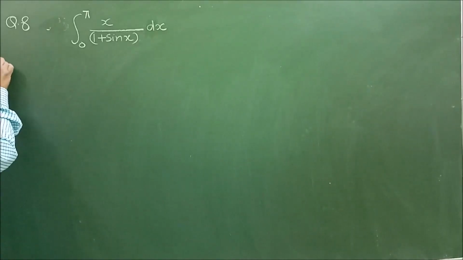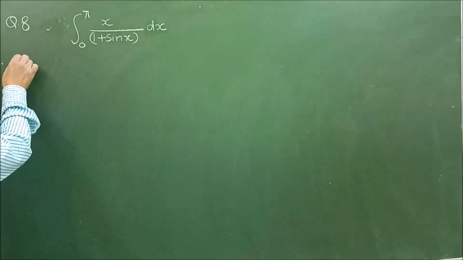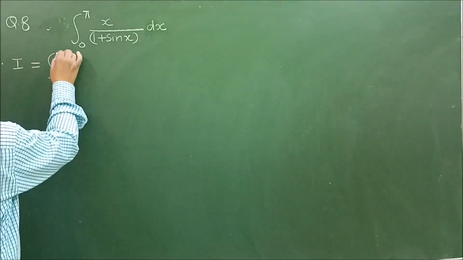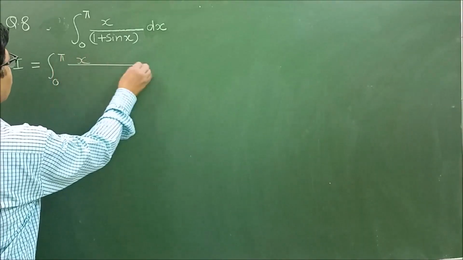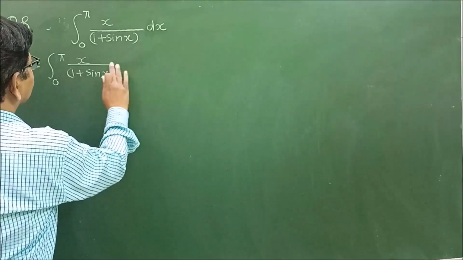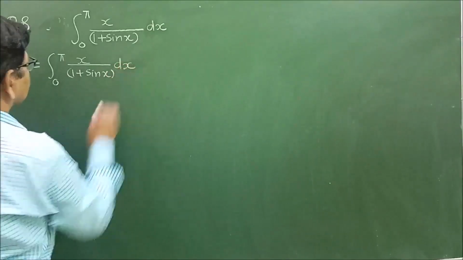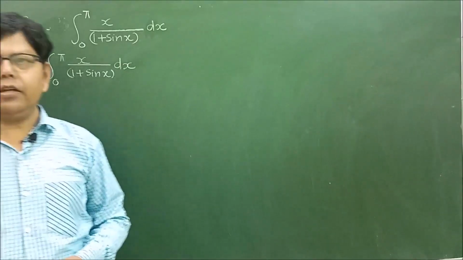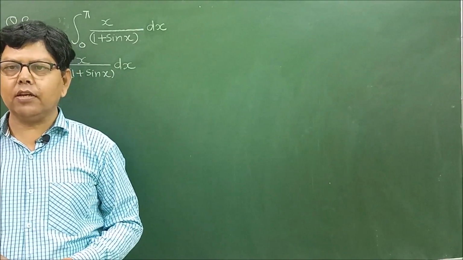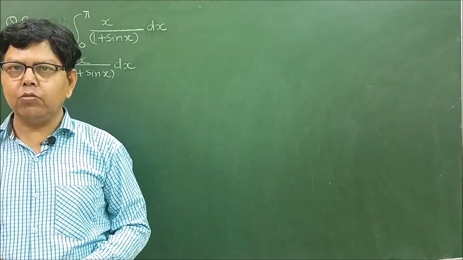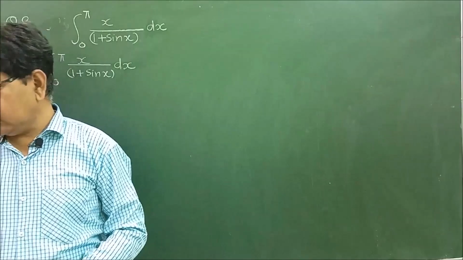So let us take this definite integral, its value equal to I, 0 to pi x upon 1 plus sin x dx. Now using the property integral 0 to a f(x) dx is equal to integral 0 to a f(a minus x) dx, first we need to remove the variable x from the numerator.